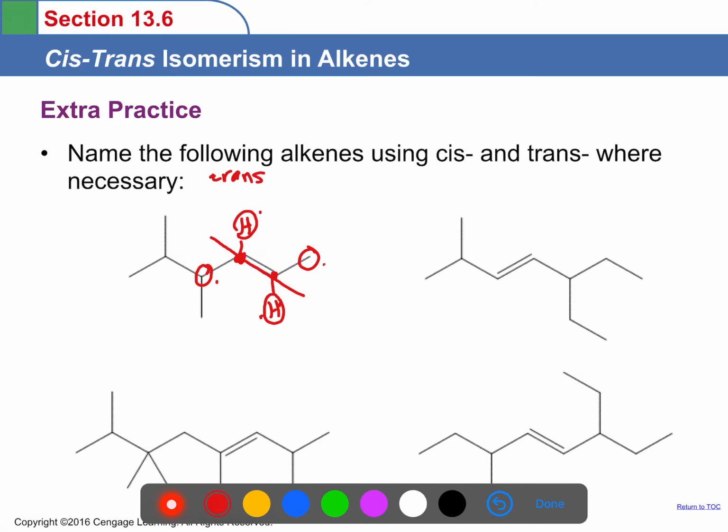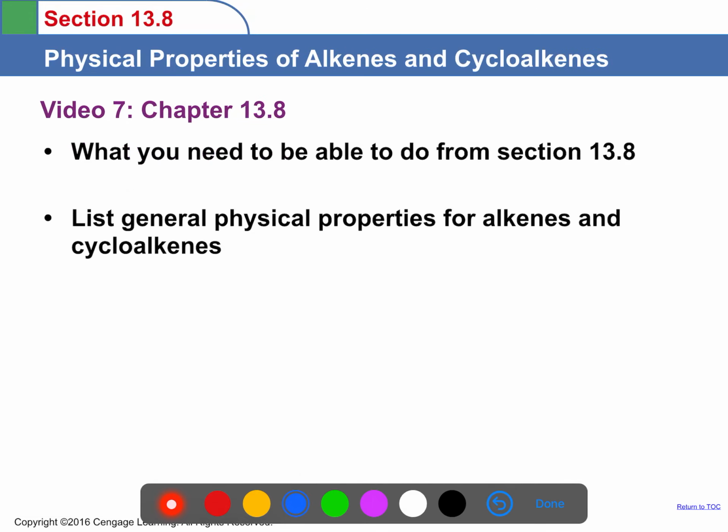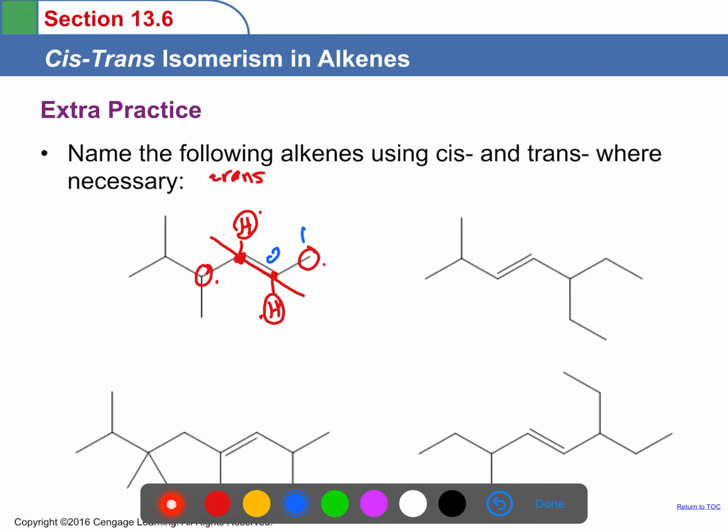So then to name it, just like before, we need to give the double bond the lowest number possible, which is going to come by numbering from the left. That puts the double bond on number 2. We've got a methyl group on 4 and 5, so we've got 4,5-dimethyl.